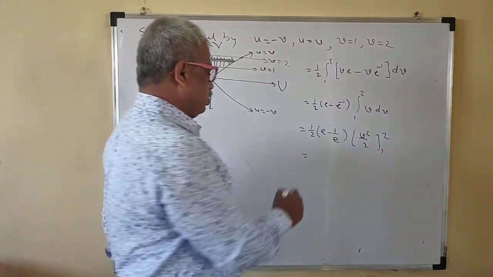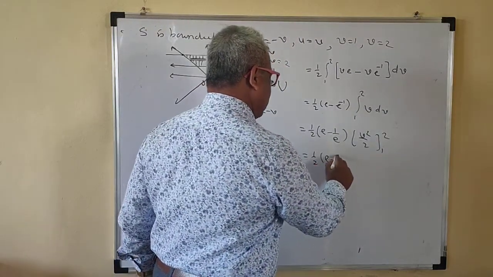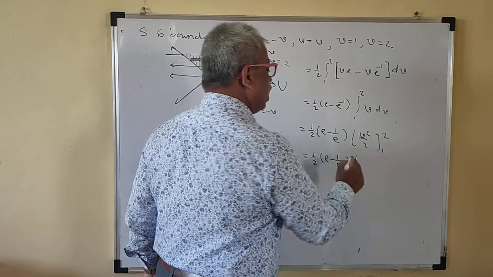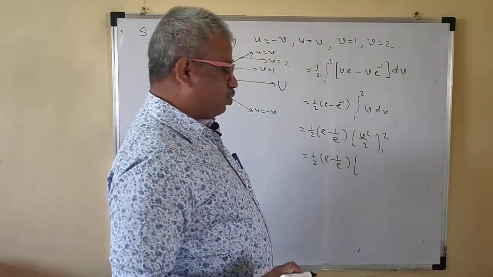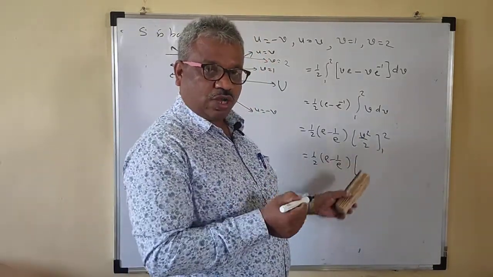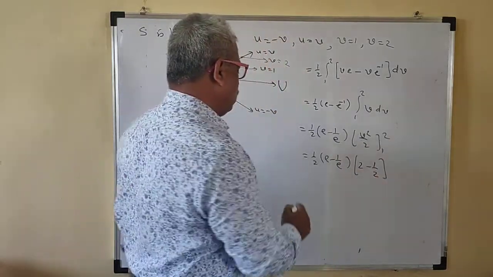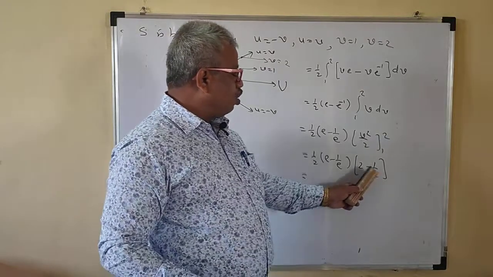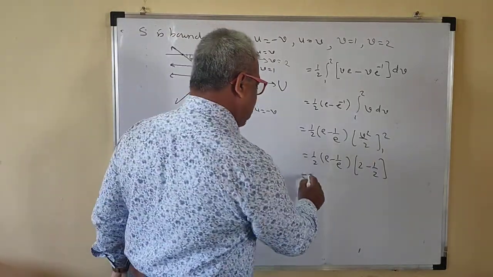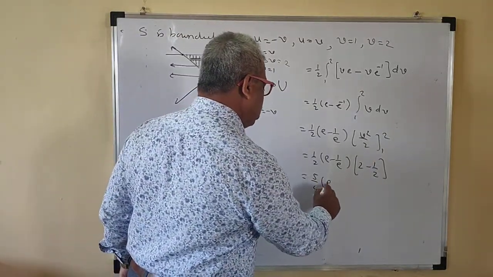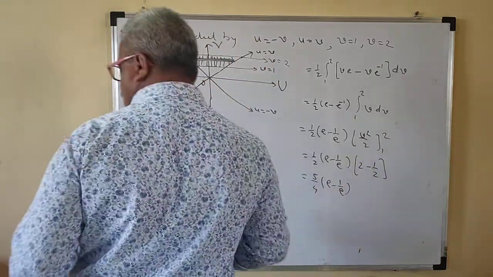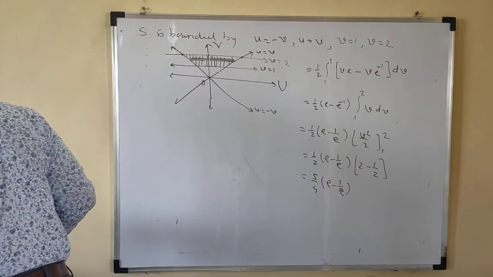Then you put 2 raised to 2, so 2 raised to 2, 1 gets cancelled. So this is 2 minus half. Now see, this is what 4, 5. So 5 by 4 (e minus 1 by e) is our required answer.